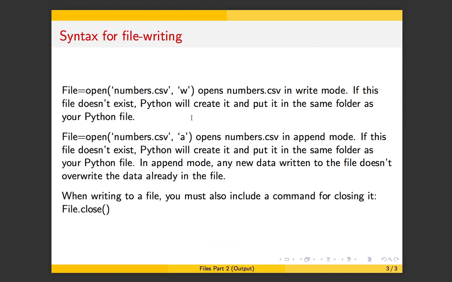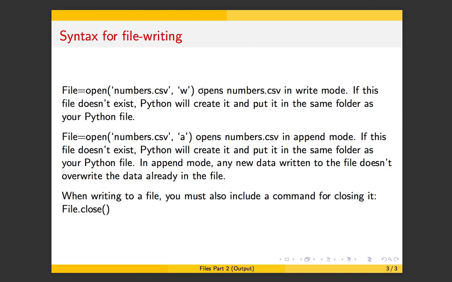There's one more mode we will cover in this video, and instead of W there's an A. A stands for append. This is also a writing mode, and the difference will be subtle. So I'll show you in the compiler the difference between these two modes. But in append mode, anything you write to the file just goes at the end of the file.